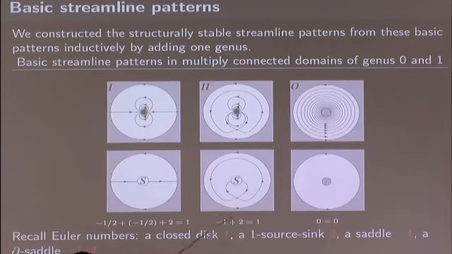One saddle and one source-sink equals the Euler number of the disk. There is no singularity, which equals the Euler number of the annulus. So this equation means like this.